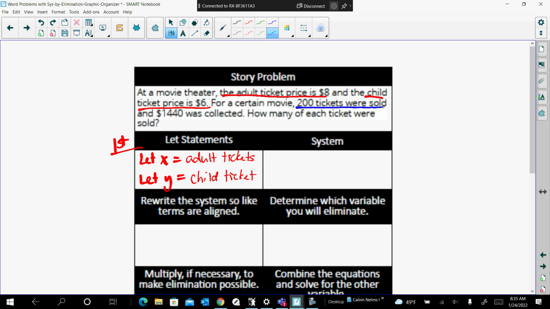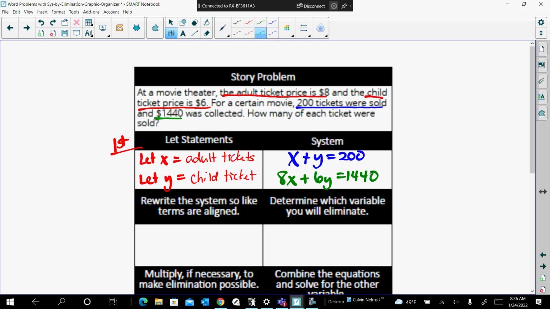Close. Because we're just talking about tickets and we're not talking about money. This one is dealing with money. Yeah, this would just be x plus y equals 200. But this next equation, dealing with what they collected, this would be 8x, because $8 for adult tickets, plus 6y equals 1440.